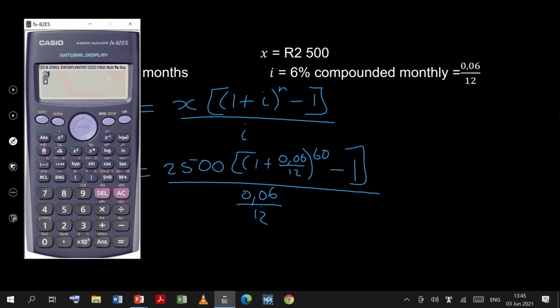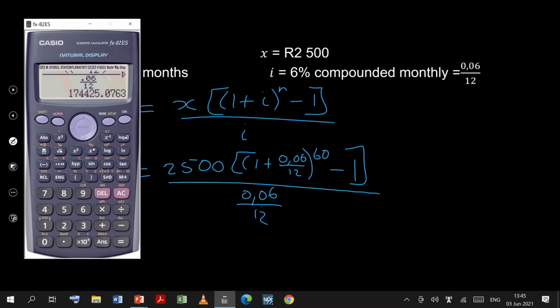So this is 2.5, open bracket, another bracket, 1 plus 0.06 over 12, all raised to the exponent of 60, minus 1, close the bracket, over another fraction, which is 0.06 divided by 12, and this will give me that much.